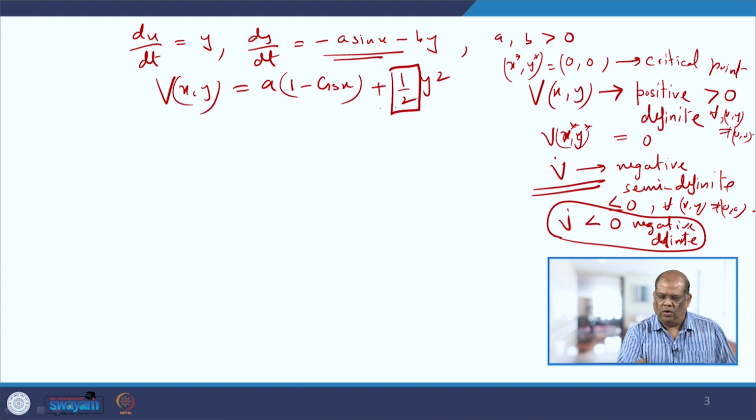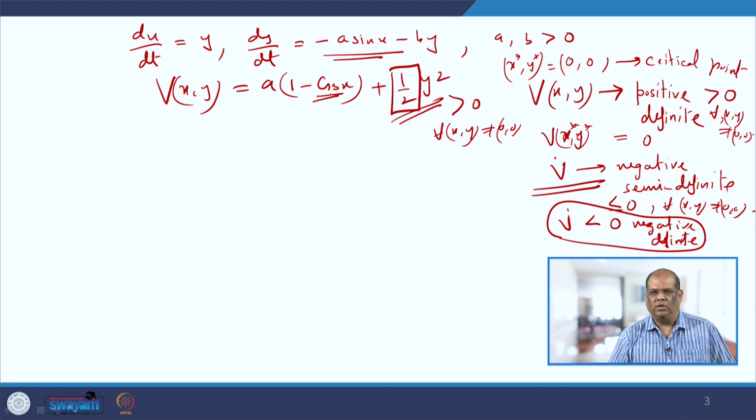So, this is greater than 0 for all (x,y) not equal to (0,0). This is obviously true because it contains a square, and we know that the value of cosine lies between minus 1 to plus 1. So, this value is positive also for x and y not equal to (0,0). a and b are positive constants, and hence this is greater than 0.